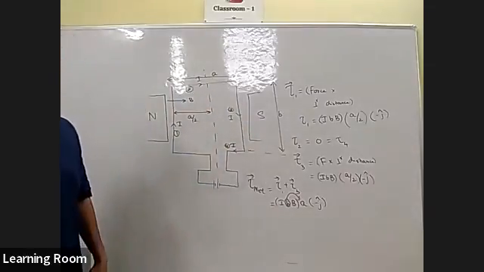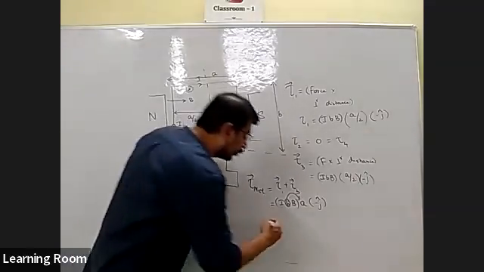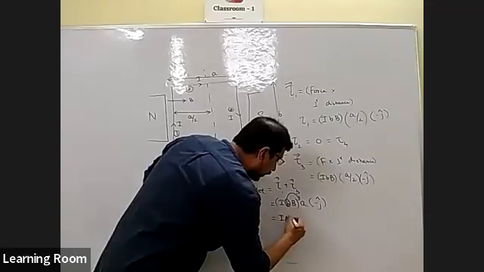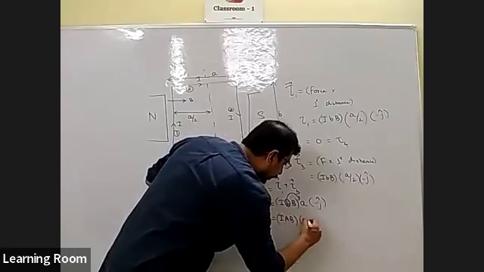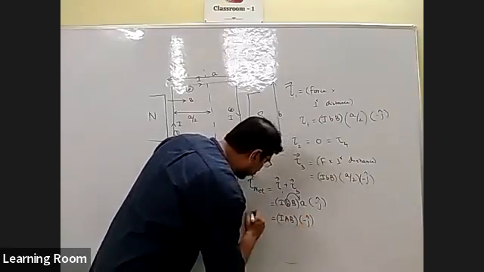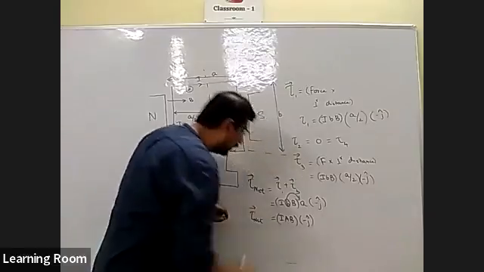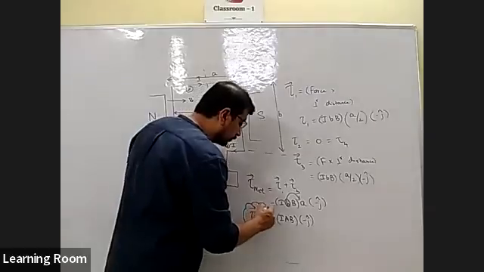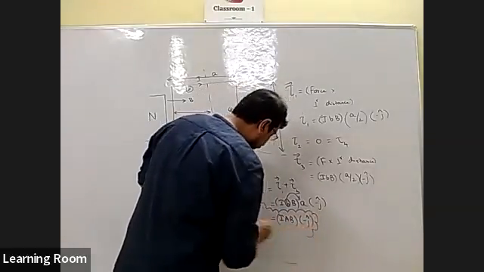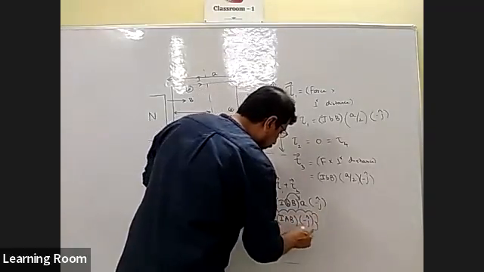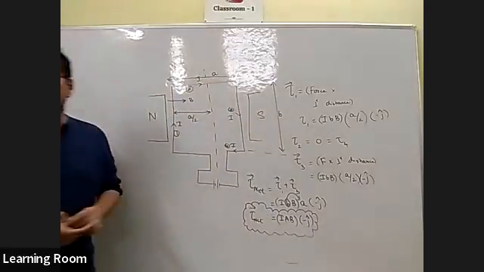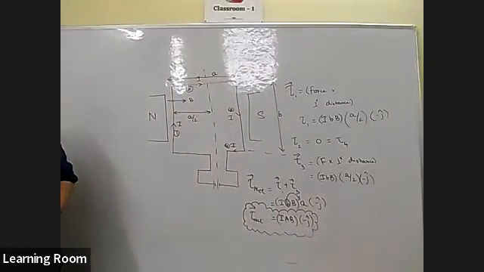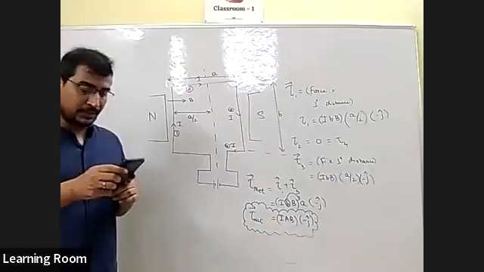Area of this conductor. So it is going to be IAB in the direction of minus J cap. This is the net torque experienced by this loop.